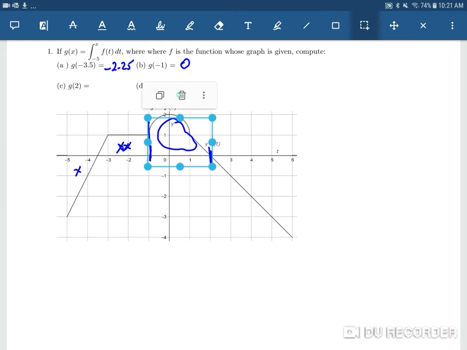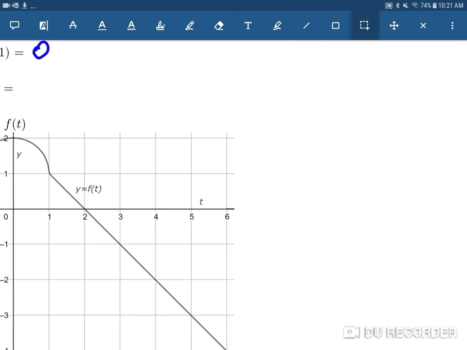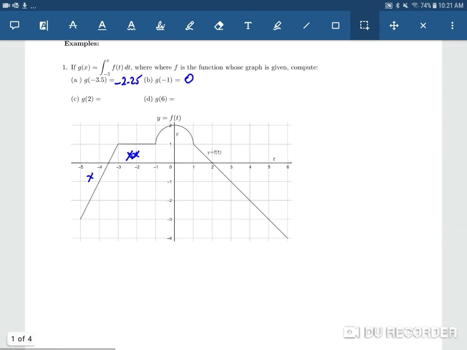Okay, so from here to here. Let's see, let's break it into little pieces. That's a 2 by 2 square, 2 by 1 square, and that's a semicircle of radius 1.